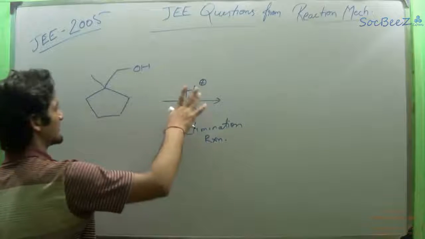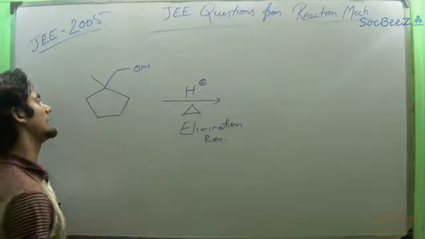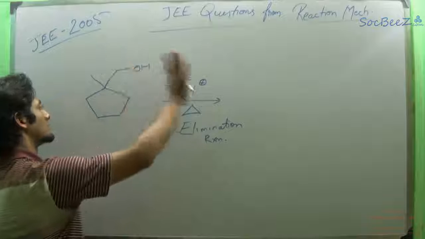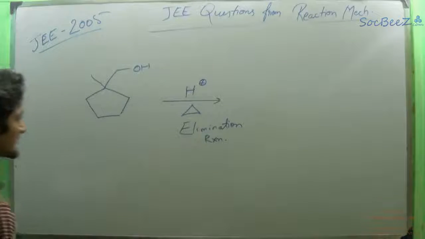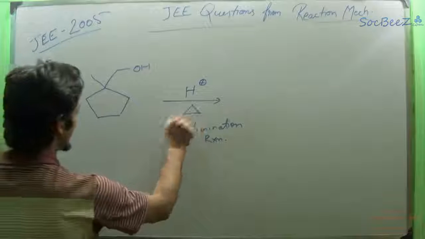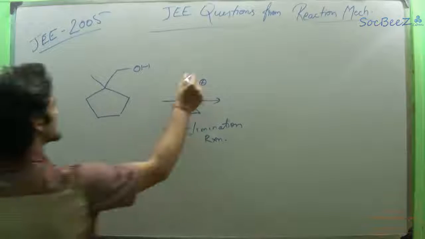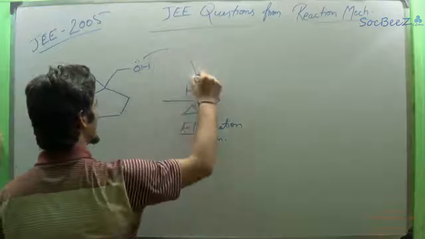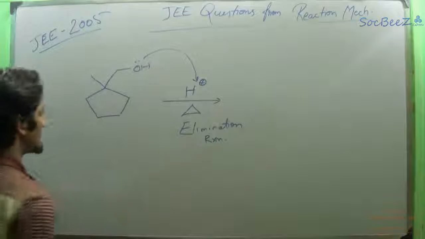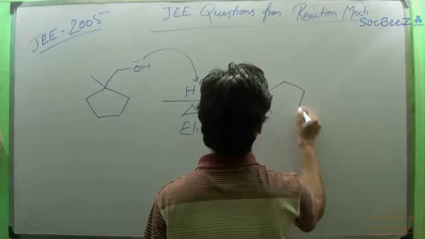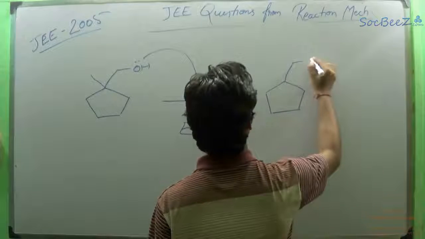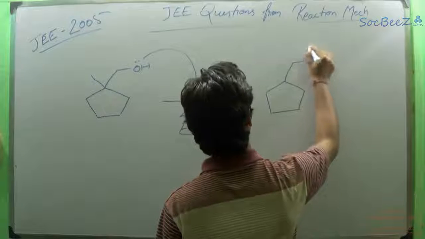If it was simple H plus with a nucleophile, then you have to go for a nucleophilic substitution reaction. But in this case, it is clearly mentioned that heat is given. So what will happen is, this O lone pair will attack on this vacant orbital of H plus, making it OH2 plus.